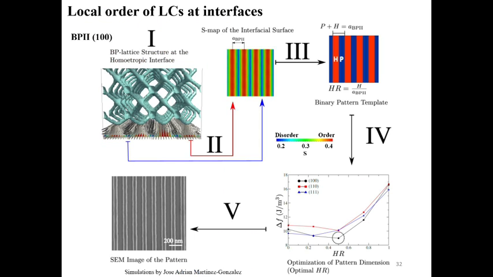So if we look into the science behind it, especially the interaction between the material and the interface, we conducted a computational simulation. We found that when the liquid crystal materials start to interact with the substrate, the molecules at this interface prefer to take this alternating alignment: planar, homeotropic, planar, homeotropic.